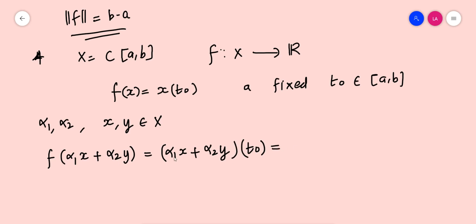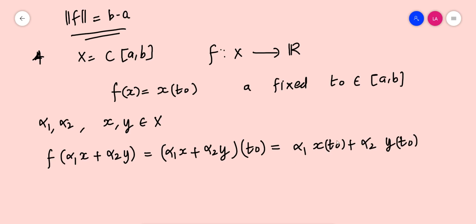By the definition of function with respect to t naught, we can write this as alpha 1, a constant, times x of t naught plus alpha 2 times y of t naught.